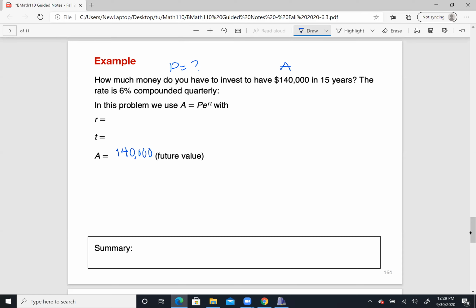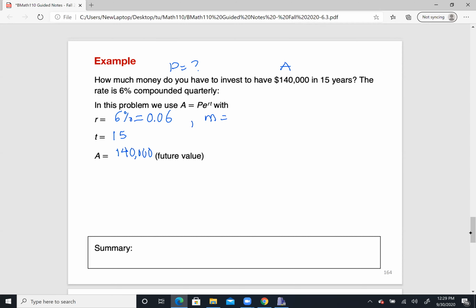And in 15 years, so that means t equal to 15. The rate was 6%, which equals 0.06. Compounded quarterly, which means m in here equals 4. Okay, right?